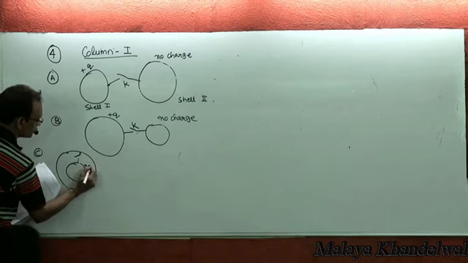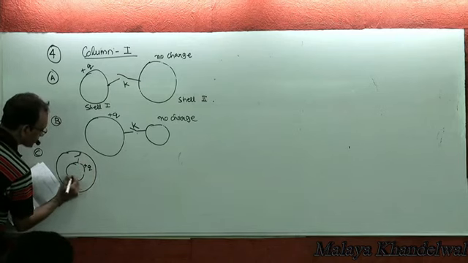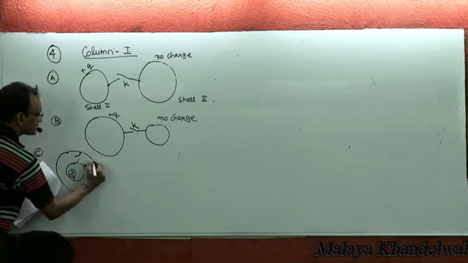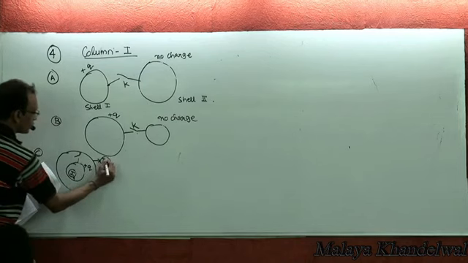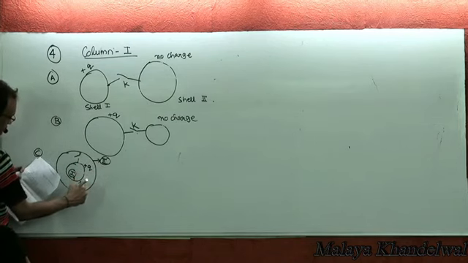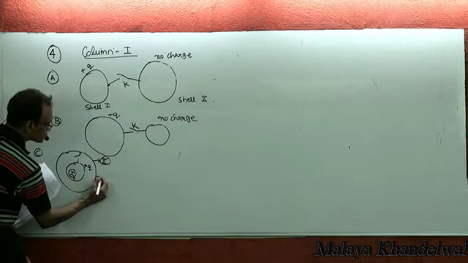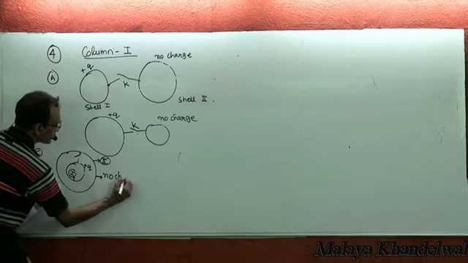There is plus Q. This is shell 1. This is shell 1, and this is shell 2. There is plus Q on this, and on shell 2 there is no charge.